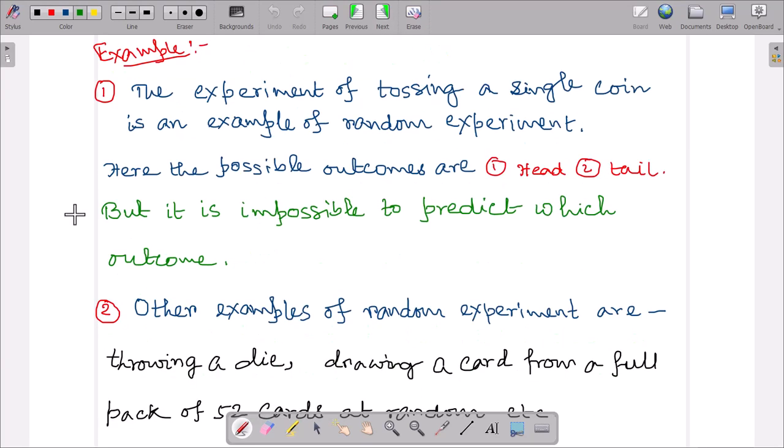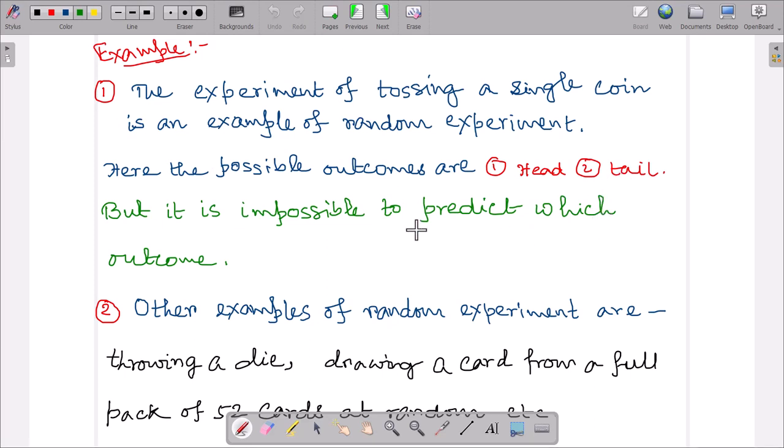As for example, the experiment of tossing a single coin is a random experiment. Why is that? Because the possible outcomes are known in advance. What are the possible outcomes? Head and tail. But for a particular performance, it is impossible to predict which outcome.